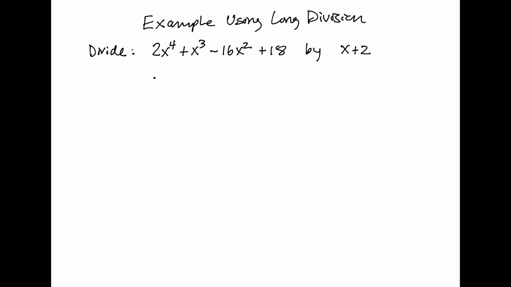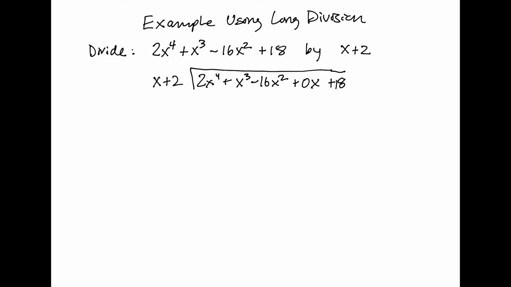This first part will be our dividend. The second one is our divisor. So we're going to take x plus 2 and divide it into 2x to the fourth plus x cubed minus 16x squared. Notice I'm missing an x term, so I'm going to put plus 0x and then plus 18.